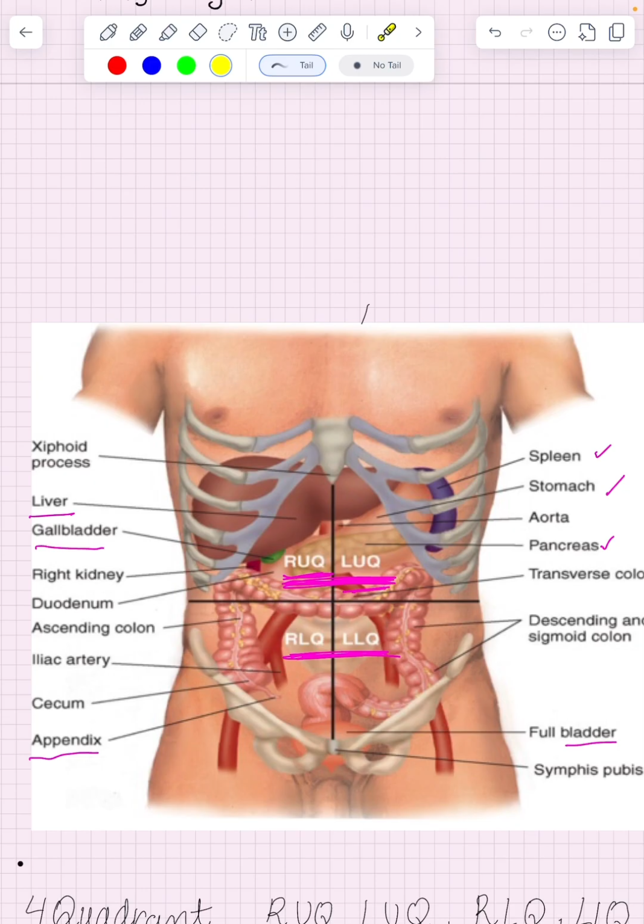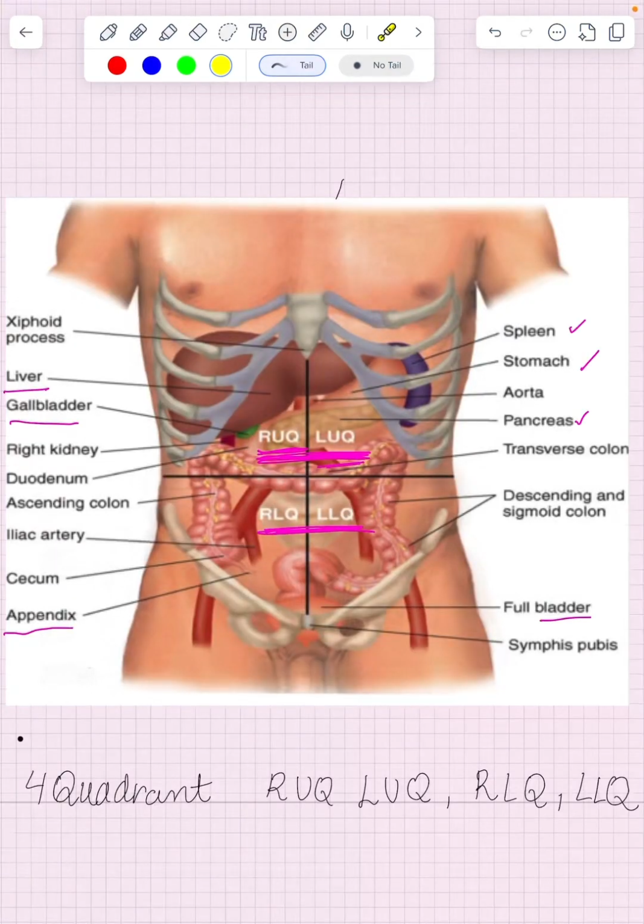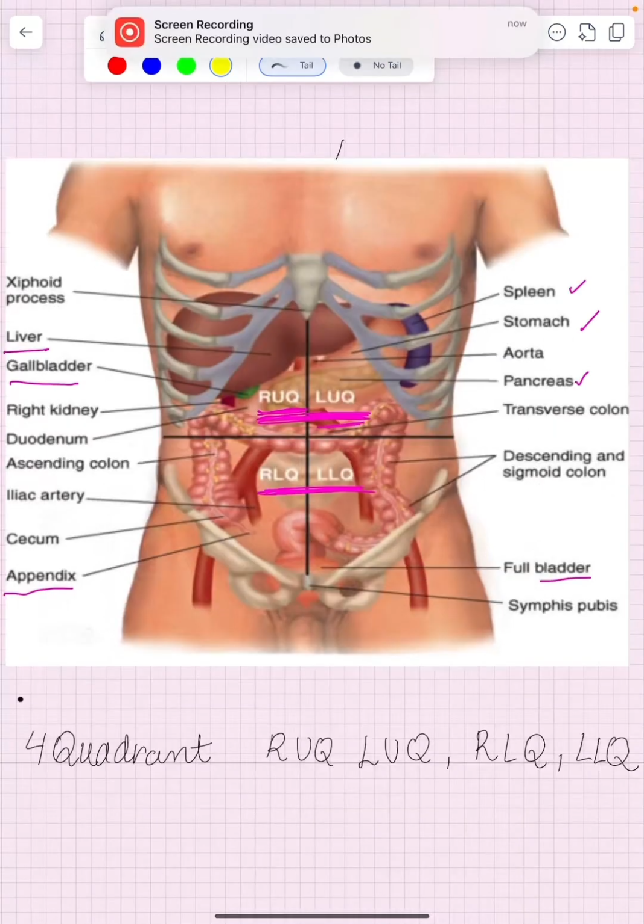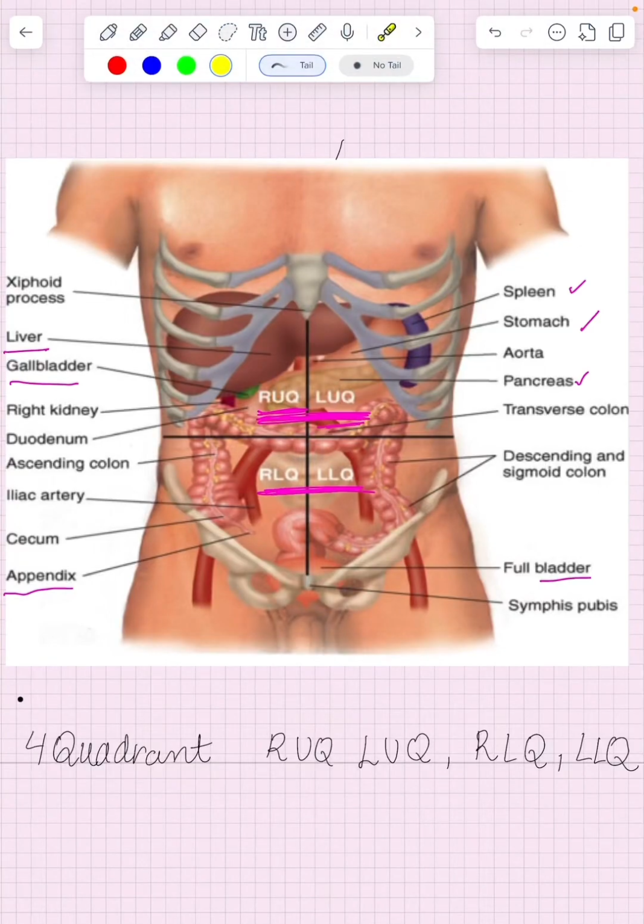So we have right upper quadrant, left upper quadrant, right lower quadrant, and the left lower quadrant. So if the patient comes in and they have a pain in their right lower quadrant, that means it's something related to their appendix. Or if they have the pain in their right upper quadrant, this means that something is related to their gallbladder or maybe liver, which helps nurses and doctors to diagnose the problem.